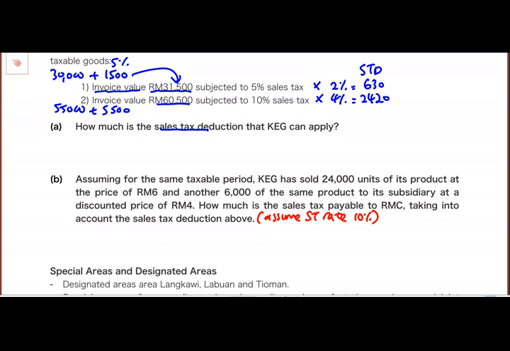So you're supposed to take 24,000 times 6 plus 6,000 times 6 as well, right? You must use 6 ringgit and not 4. So for that period, your sales value will be 180,000. If you take 10%, your sales tax payable is 18,000.